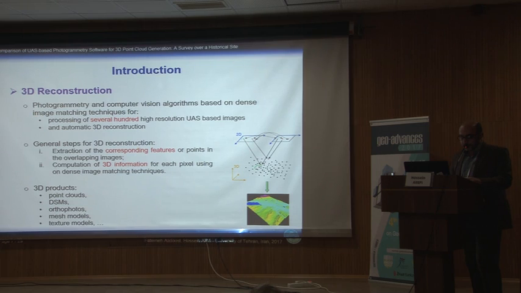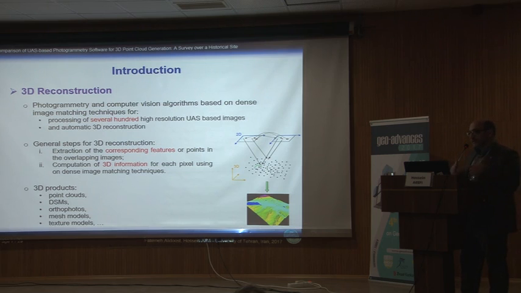The general step for 3D reconstruction is extraction of corresponding features, like basic photogrammetry. You want the conjugate points between the two images, or even more in this case, so maybe more than 20, 30 overlapping images, and then computing the 3D information.